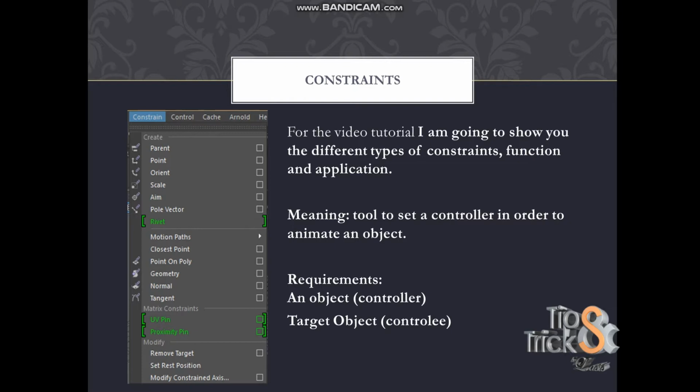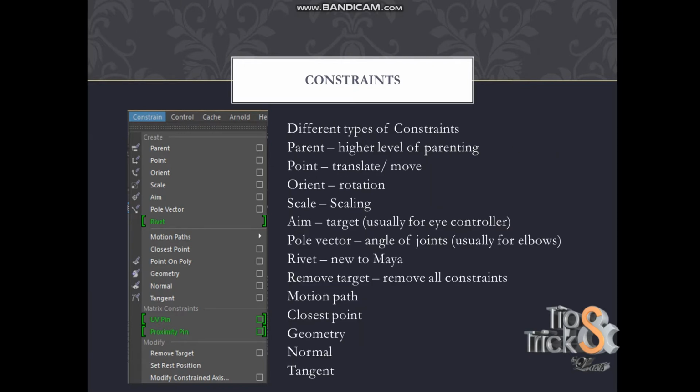So it's same idea as set driven key or SDK. However, the difference is in SDK you need to set limits within the minimum and maximum value. Okay, in constraint it doesn't have minimum or maximum value.